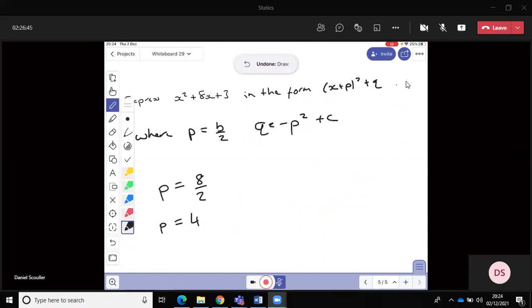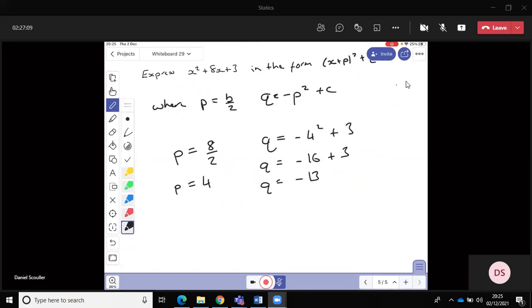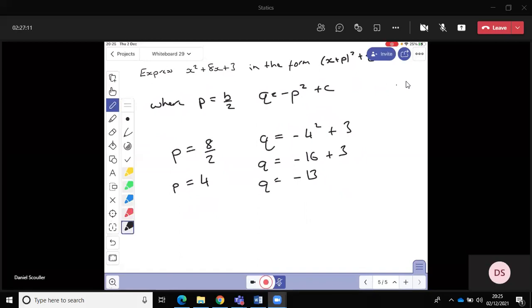So q is minus 4 squared plus c, which is plus 3. So q is minus 16 plus 3. Q does always end up at minus 13. Okay, so now we've got what p is and we've got what q is.